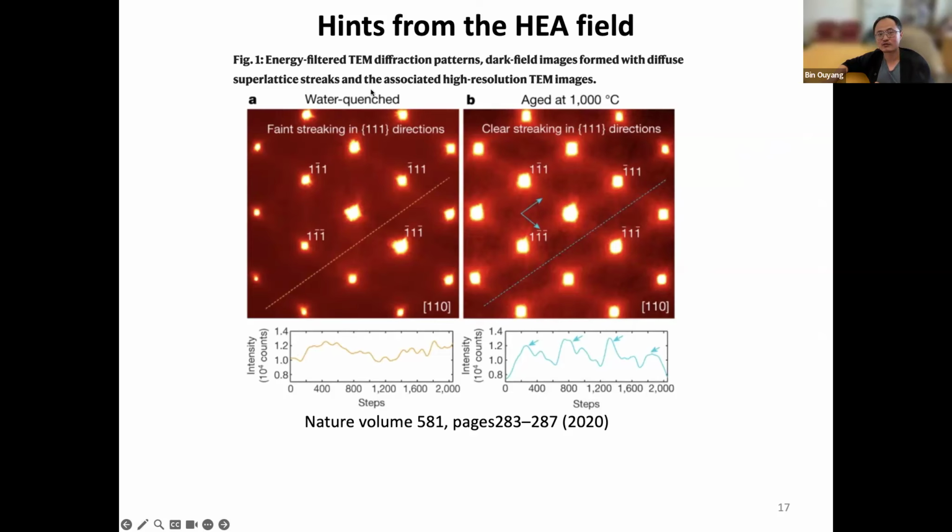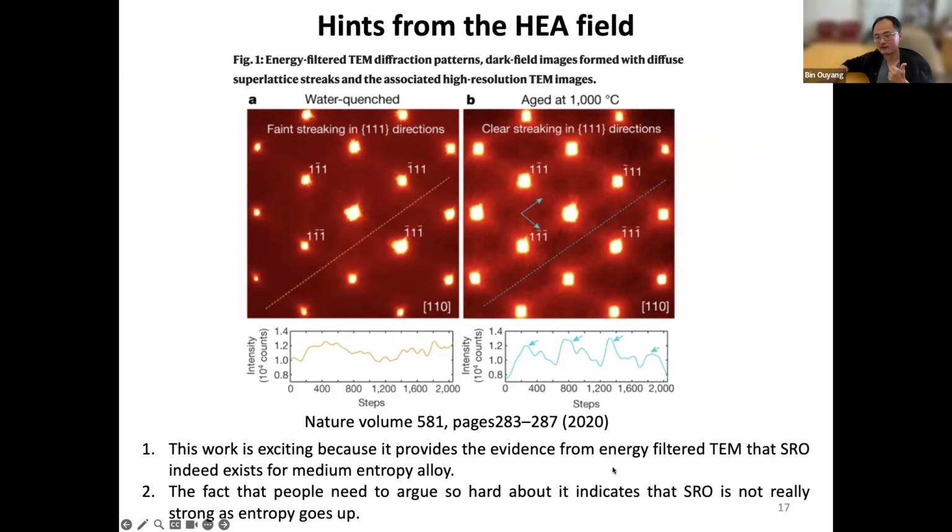They used energy-filtered TEM, a very special experiment that needs very special equipment, to visualize those diffuse scattering features in a medium entropy alloy. It's not even high entropy. They only have equal mole of 3 elements. And they got very excited because eventually they think they found firm evidence that short-range order indeed exists.